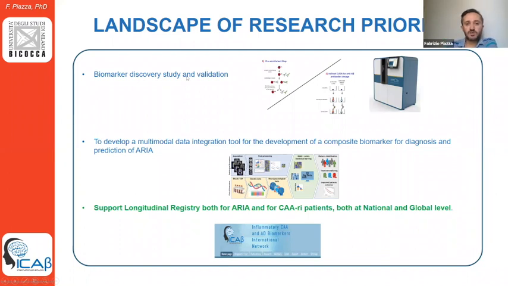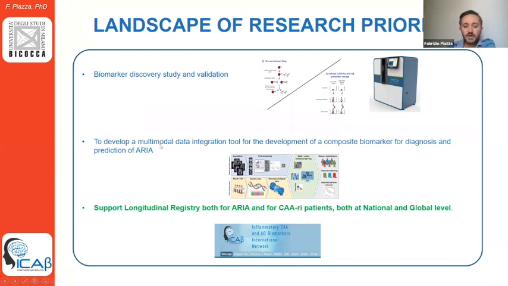And this is what we would like to do in the future with our cohort. A large biomarker discovery study, a validation study of the technique that we developed for the antibody, and also to explore new antibodies by new technologies like the single molecule array, SIMOA, or other automated techniques to find the right biomarker for diagnosis, prognosis, and treatment monitoring.